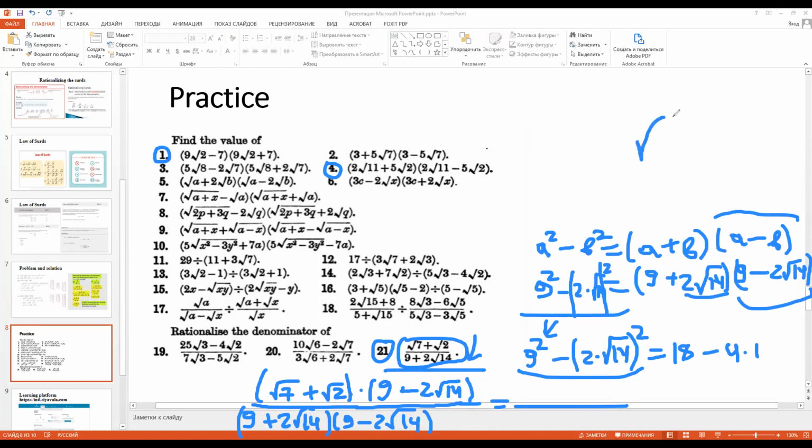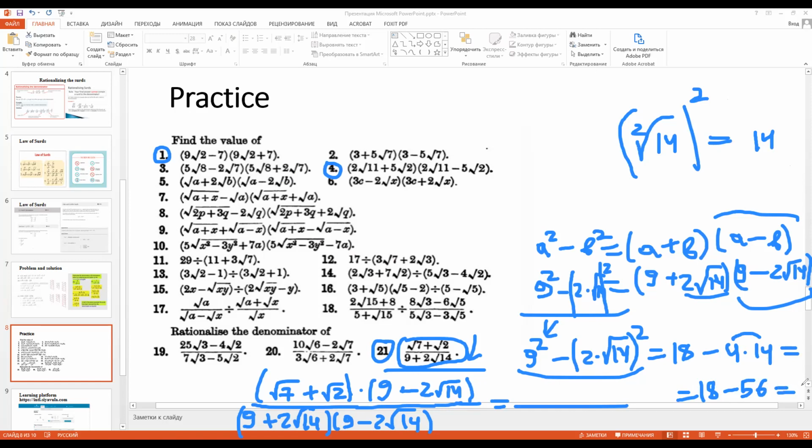Because if you take the exponent of the square root, if the exponent equal to the degree, then you can drop the roots. This is 14. Okay, 14 and 18 minus, so this one, 56.